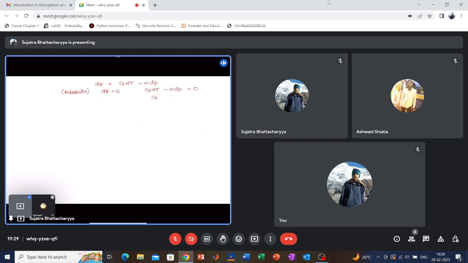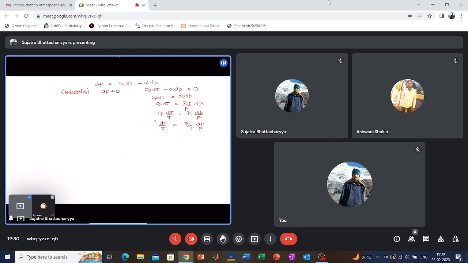So Cp dT is equal to alpha dP. Now alpha can be written as RT by P, again from the ideal gas law. Now Cp dT by T will be equal to R dP by P. So dT by T will be R by Cp dP by P.